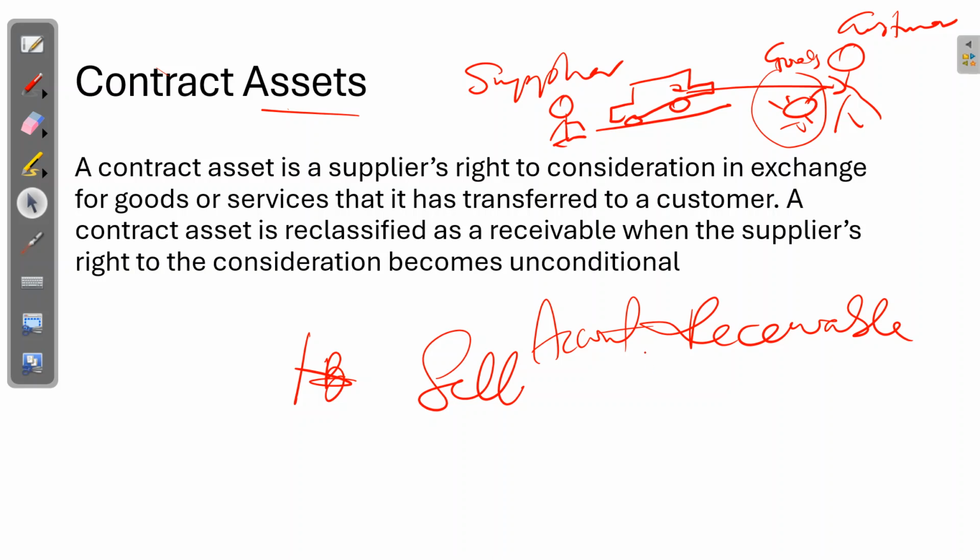So trade receivable refers to goods we have supplied to a customer who has not paid, and the contract is crystal clear. We have finalized it, there's no doubt about it, so we are certain that we are going to receive payment from the customer.